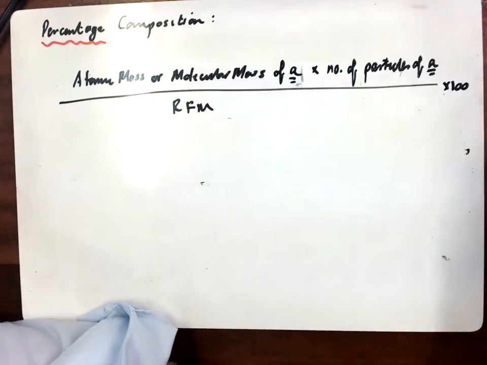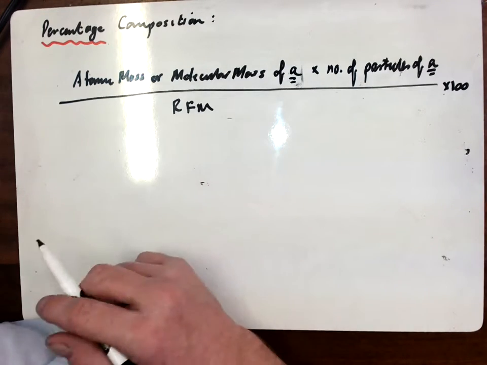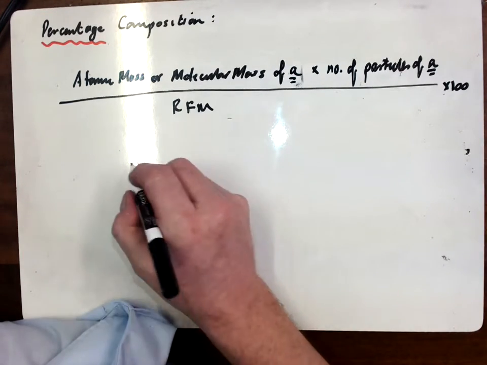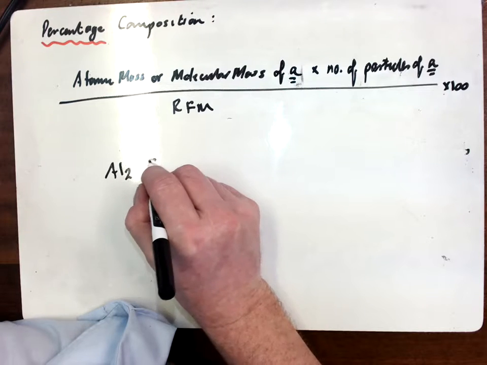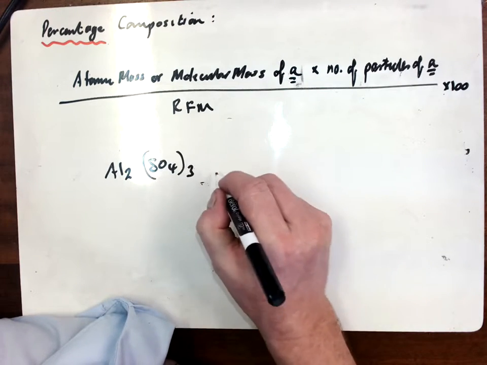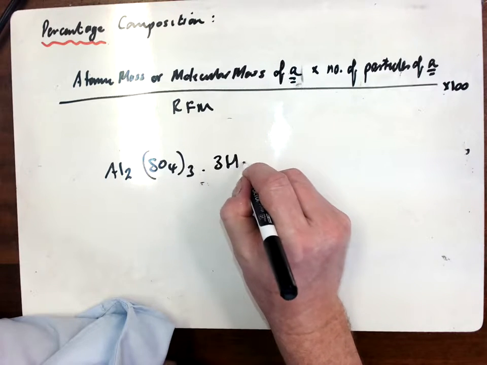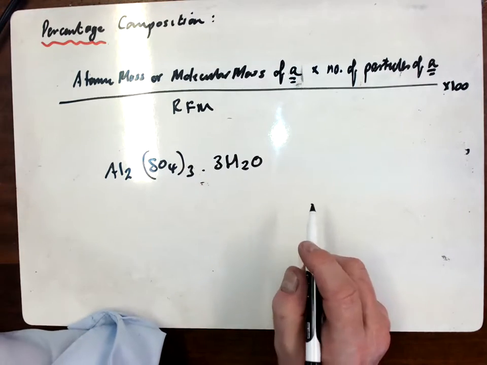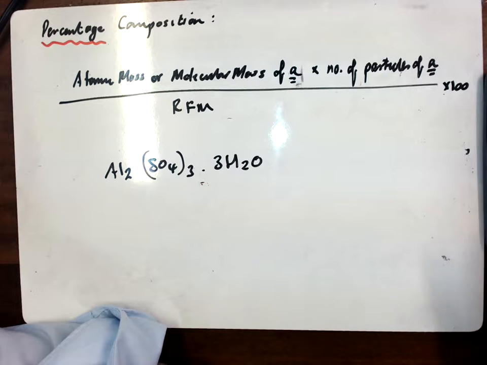Okay, so we'll do one last one. I think we've covered most bases, but we'll do one more. You've got lots in your notes. Let's deal with aluminium. So we have 27 times 2 plus the rest.